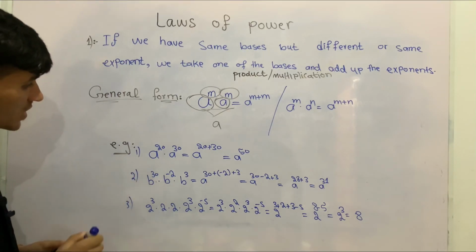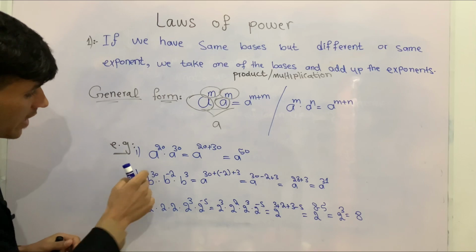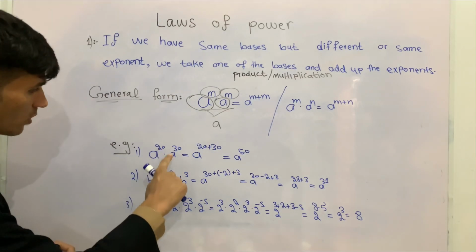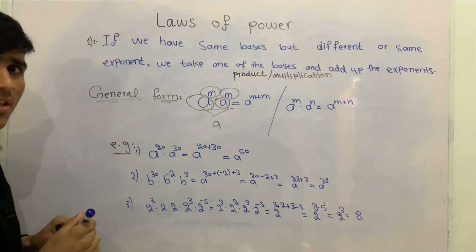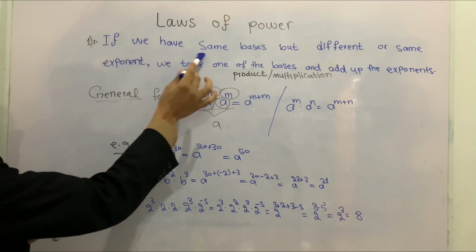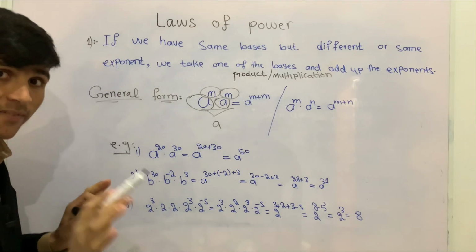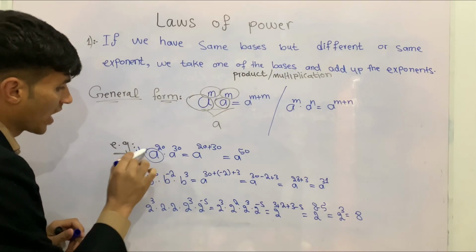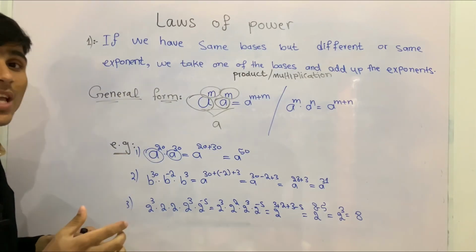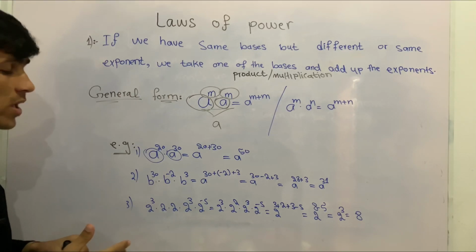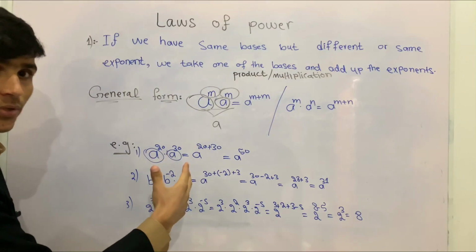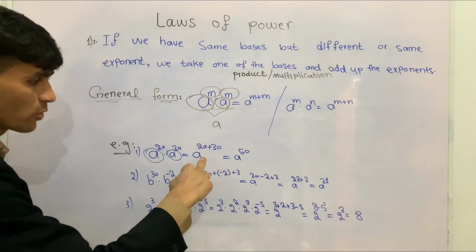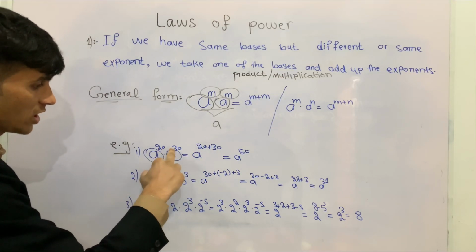Look here. The first example I have written is a to the power 20 multiplied by a to the power 30. Do we have the same base? Of course we have, a. The base is the same. What we should do is take just one base, a, then add up the two exponents, 20 and 30.